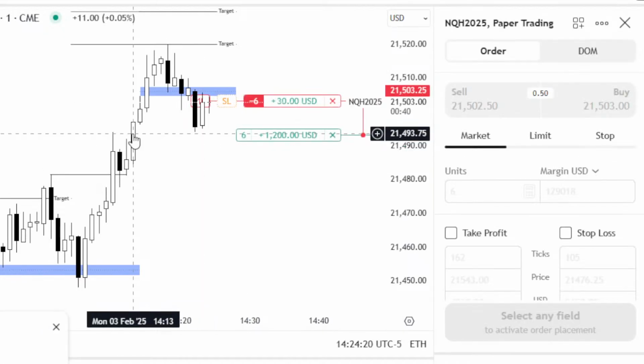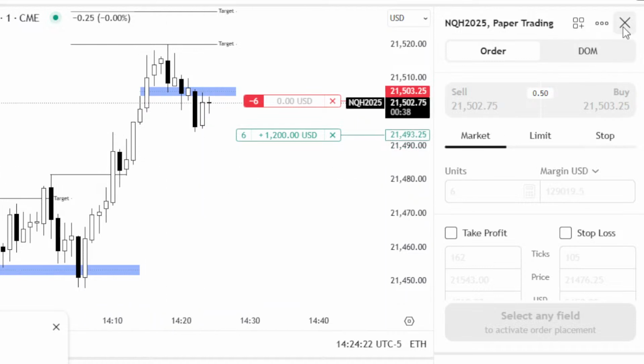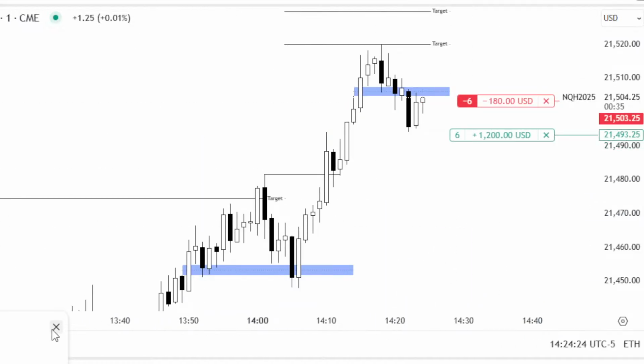Let's see if we can get this one. It's just $1,200.